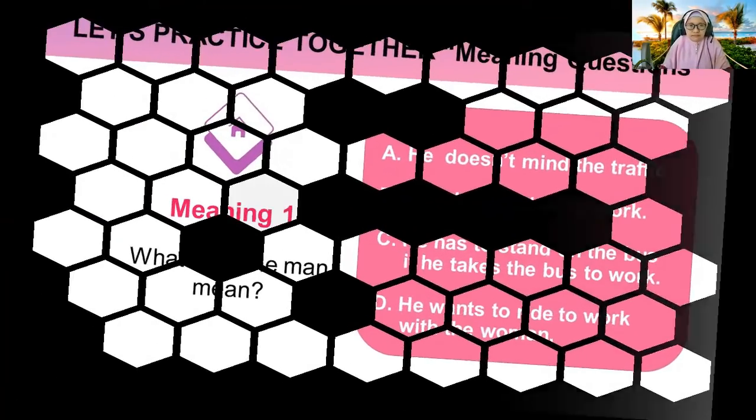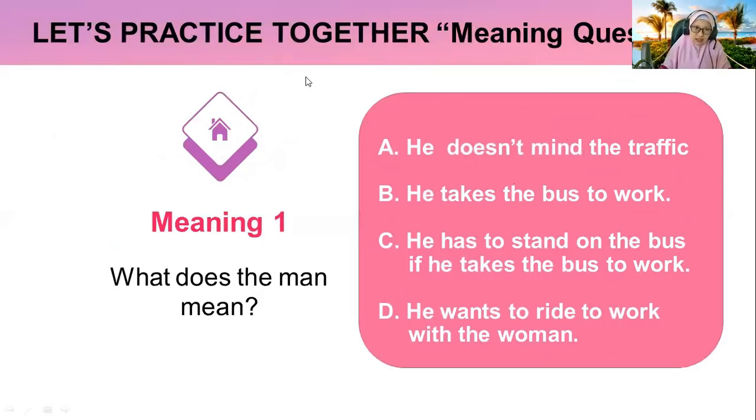Okay, next. Now, Eka will give you an example about the three problems in this meeting. We are going to practice with the meaning question. You are going to know the example of the meaning question.